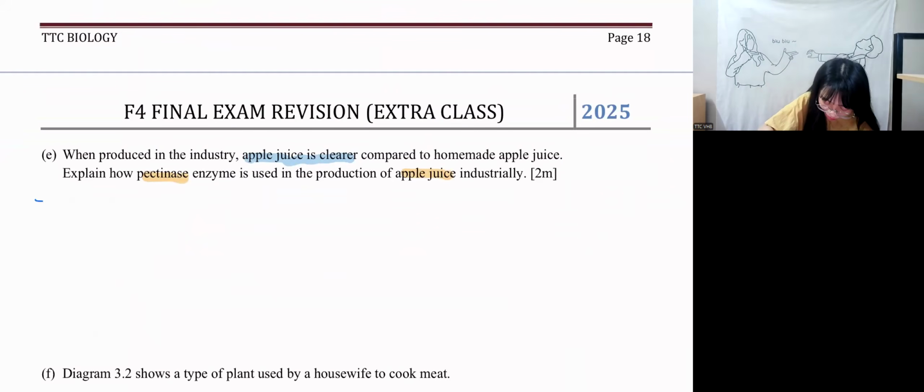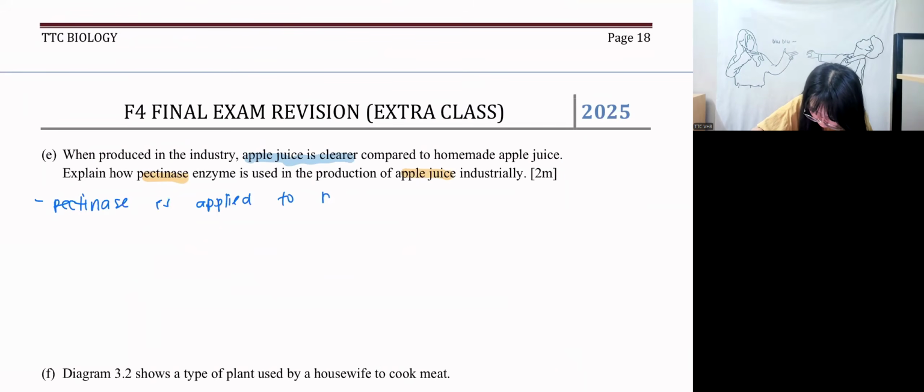So you have to say, pectinase is applied to break down apple pectin, not apple juice.